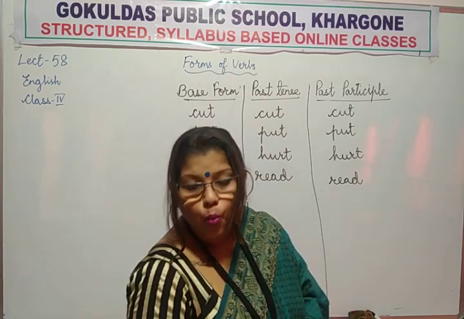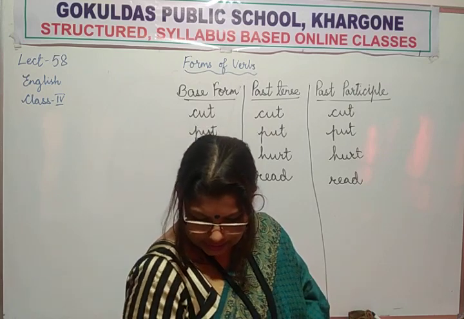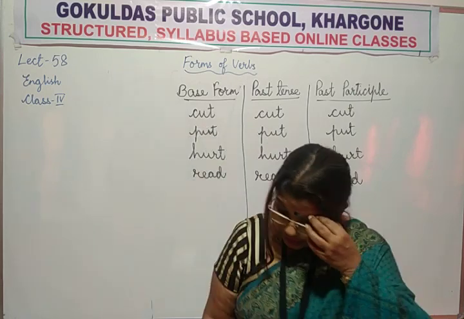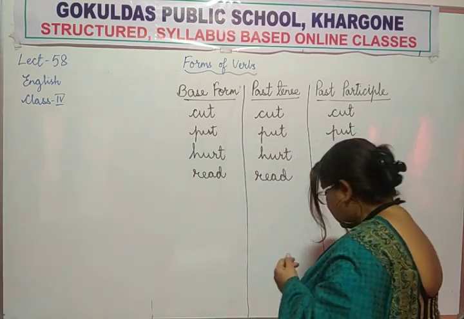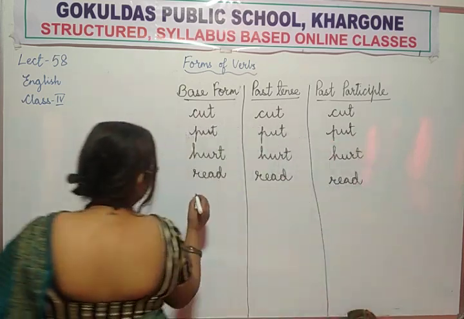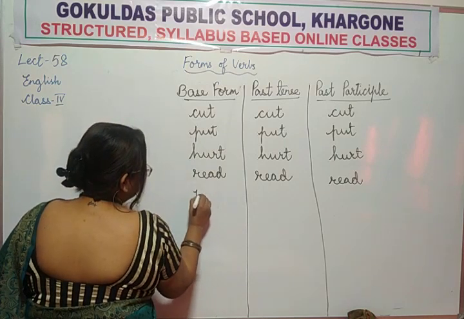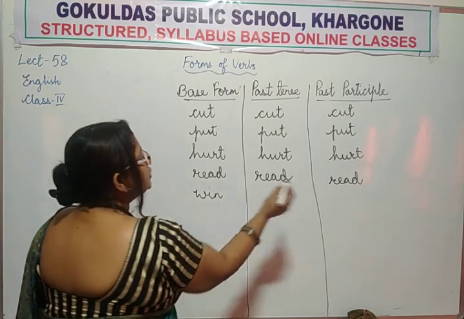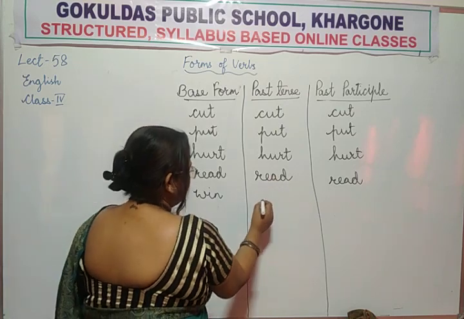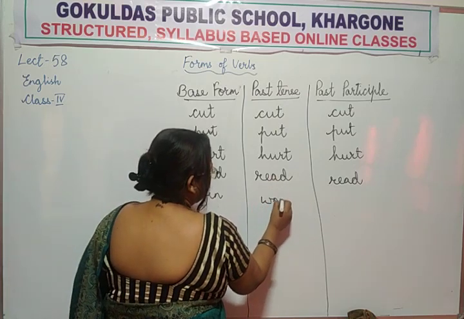Win, won, won. Now children, just check this out. Here it becomes what? The base form is the first word. Suppose win. This is the base form. Now these two, past tense and past participle, is same.